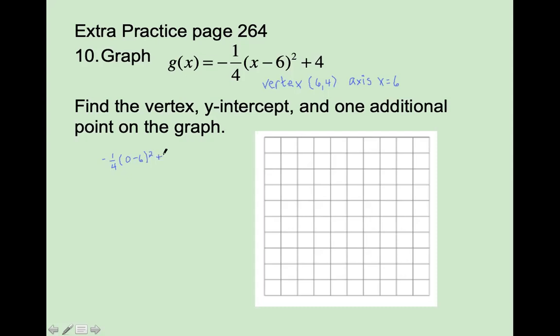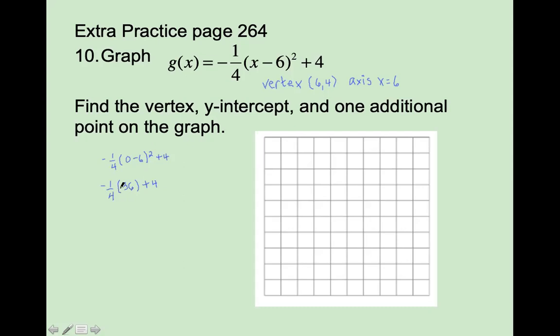I need to do some simplifying here. So let's see, I have -1/4 times, well, -6 squared, -6 times -6, is a positive 36, plus 4. So I keep simplifying. All right, I have to multiply.